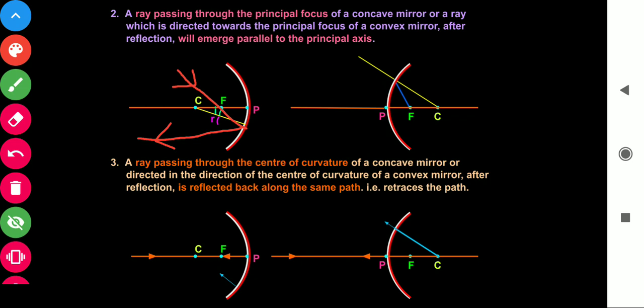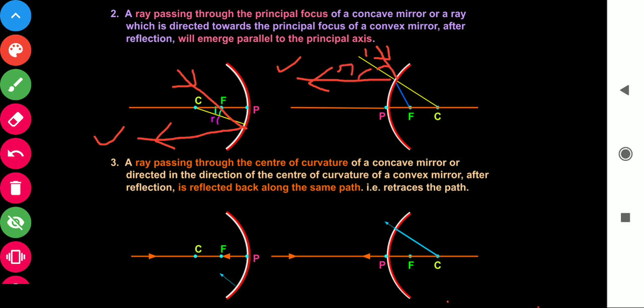These lines will be straight. You will draw with the help of a scale. Here also the ray comes through the focus and becomes parallel to the principal axis. This is the reflected ray. Angle of I, angle of R.